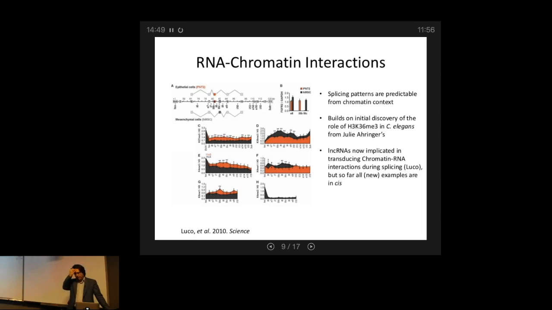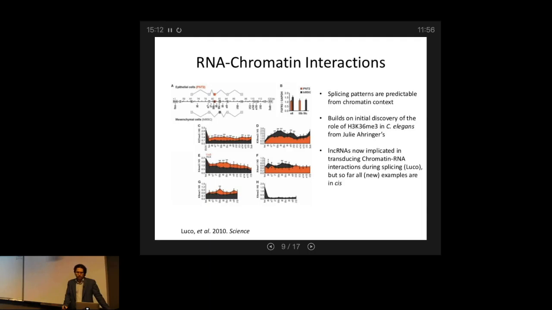RNA-chromatin interactions. I want to call out this particular area of inquiry because I think it's a frontier and I think it's one we can approach. Luco had this beautiful paper in 2010 in Science where she showed that you could predict splicing status pretty well from chromatin marks, and she identified which chromatin marks were important and where they needed to fall over exon-intron boundaries.